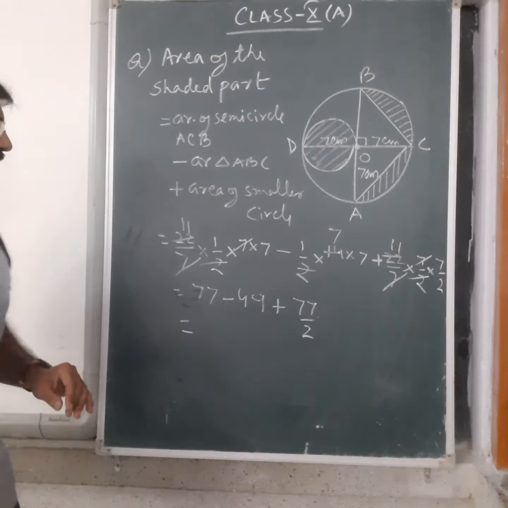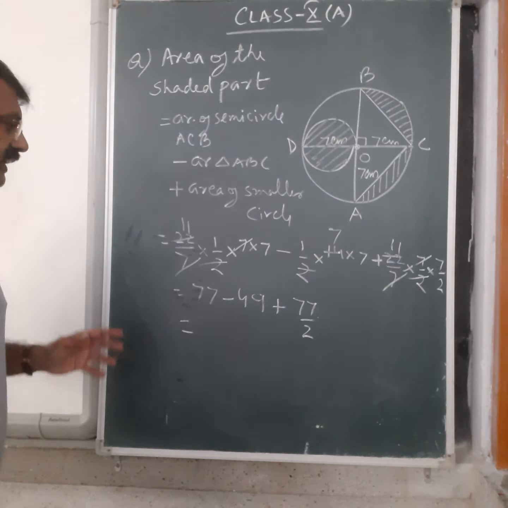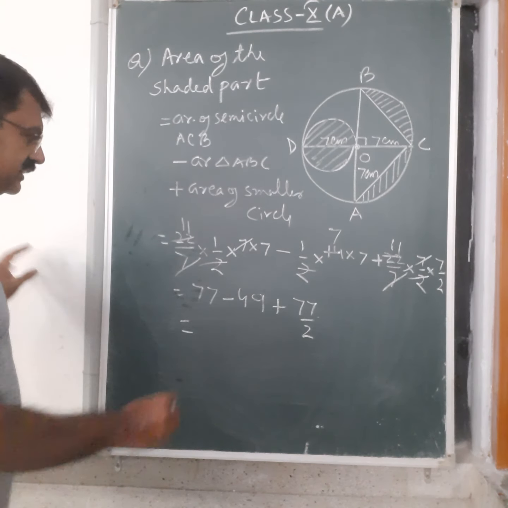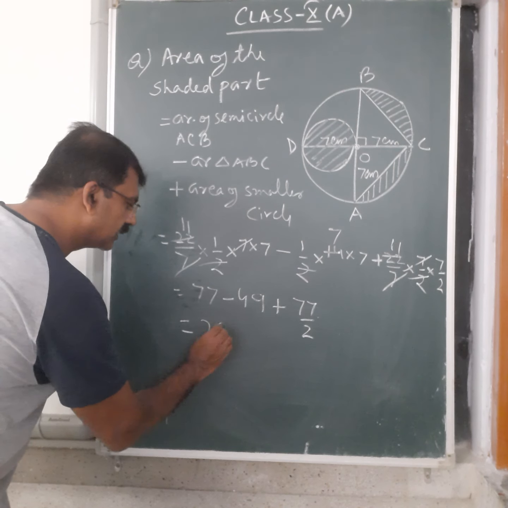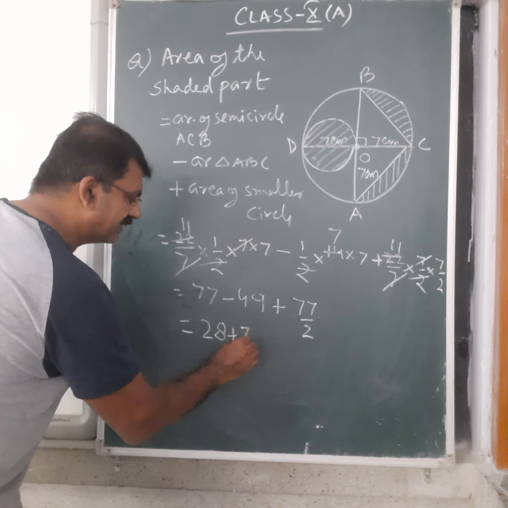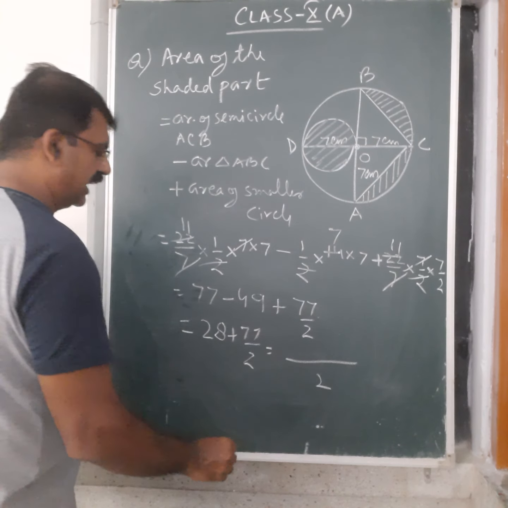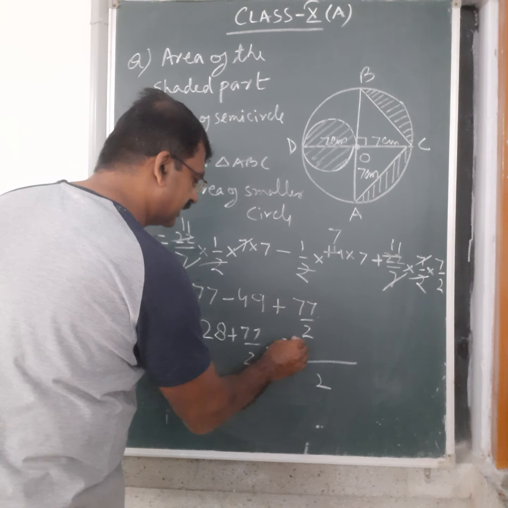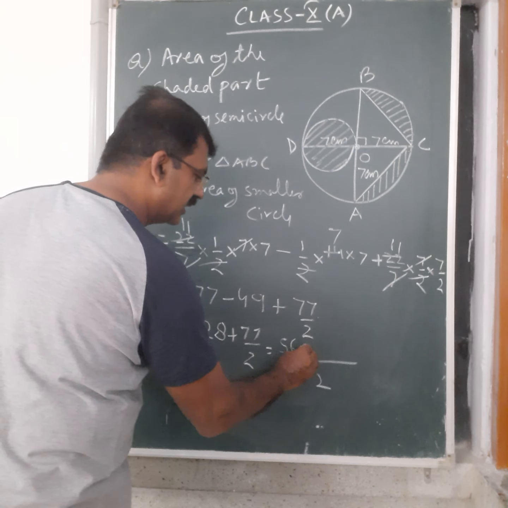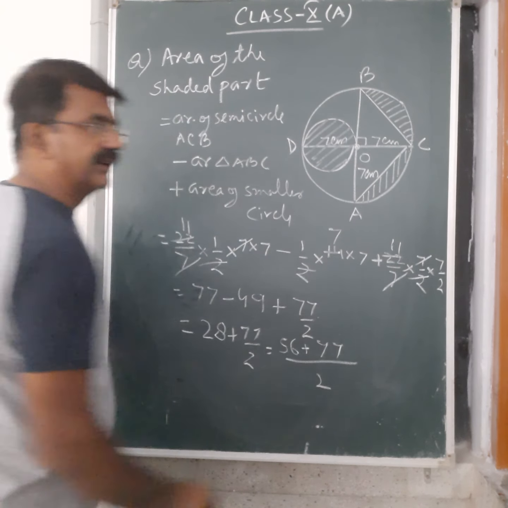Okay, now 77 minus 49 will be 28 plus 77 upon 2. So you take 2 LCM and it is 56 plus 77.